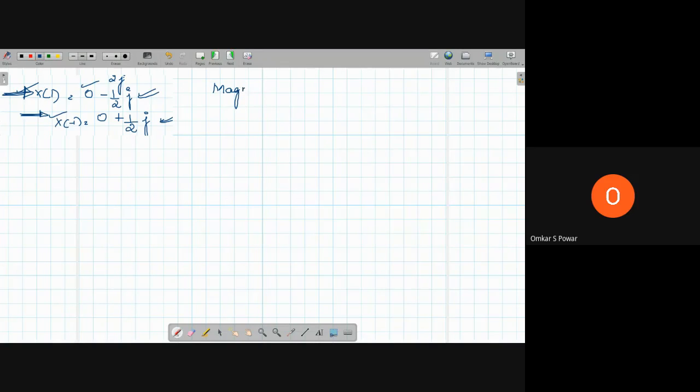So first one, magnitude spectra. How can we get it? Magnitude of x of k is equal to root of a squared plus b squared. So you want the magnitude at x of 1. What is your value of a? 0, whole squared.